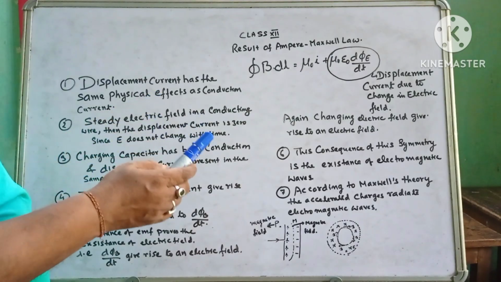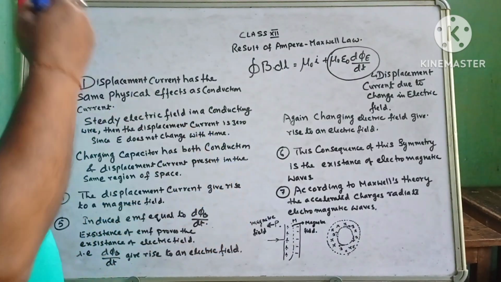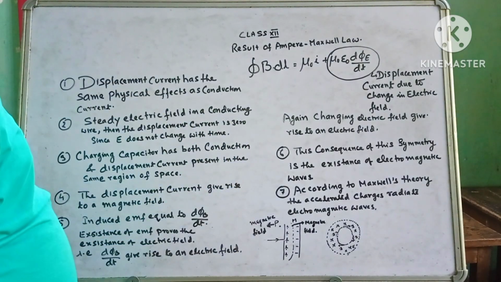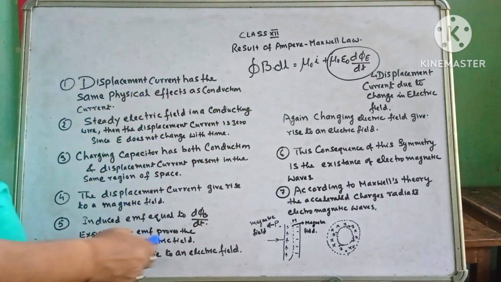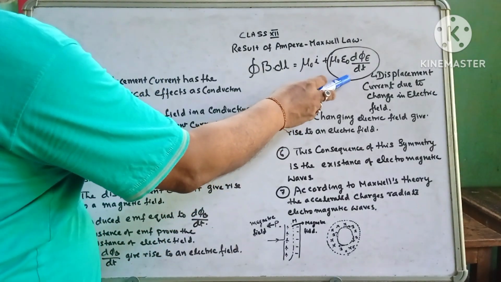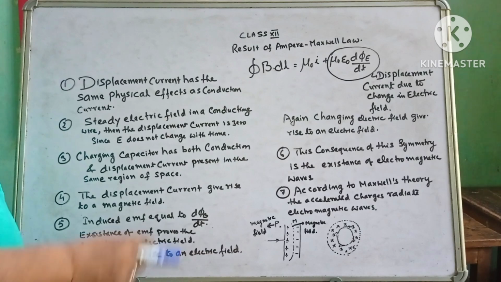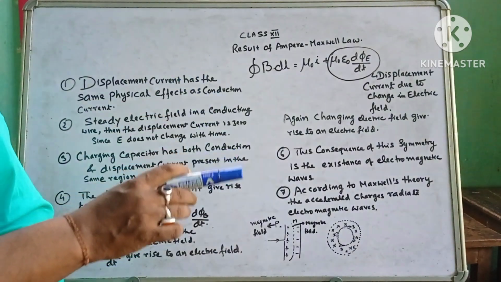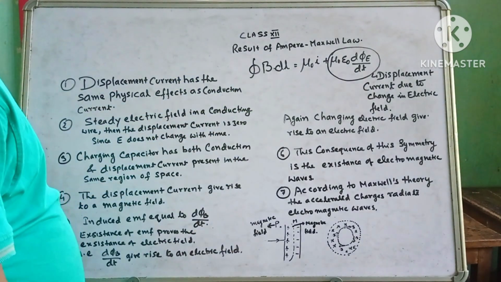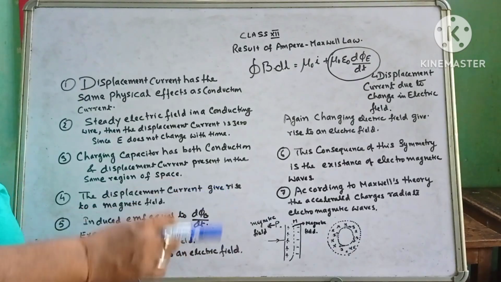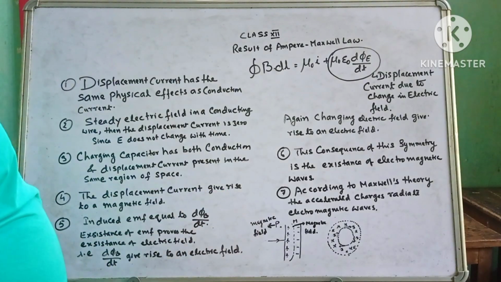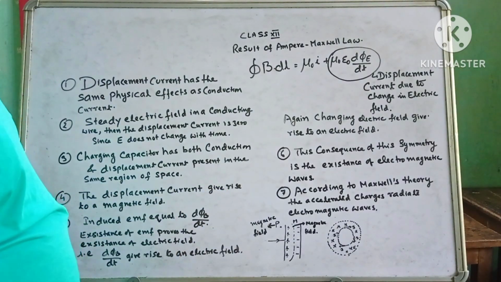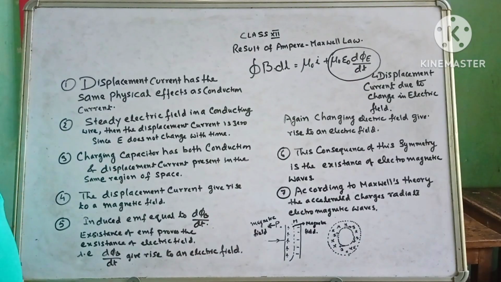Conduction current means the current which is flowing through a wire. And the displacement current is produced due to the change in the electric field, which happens inside a capacitor. So inside a capacitor, there is both conduction current as well as displacement current.